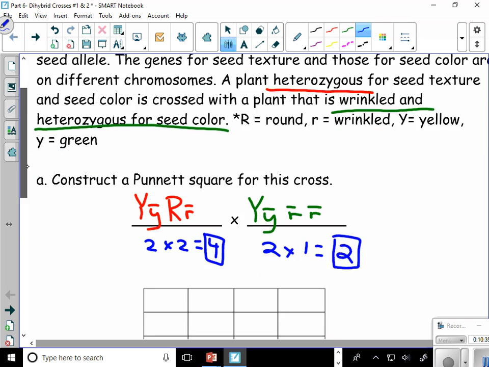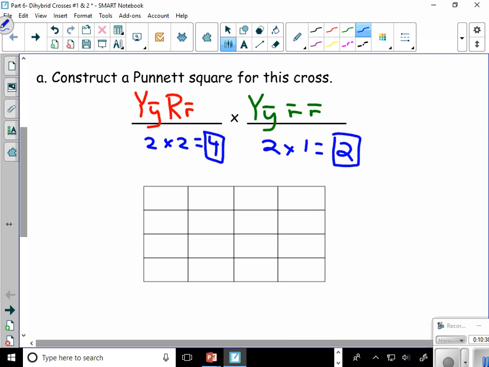So, as I bring this down to my crosses here, I am going to FOIL my red ones. So my first, okay, then my outside, then my inside, and then my last.